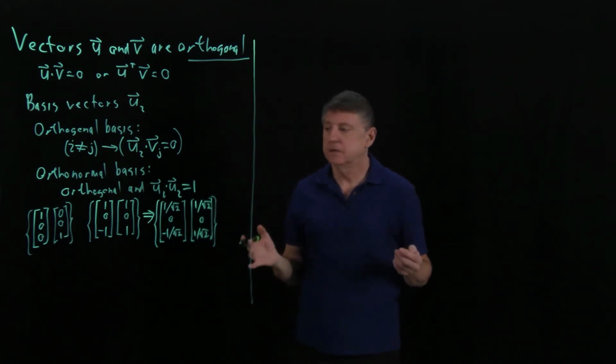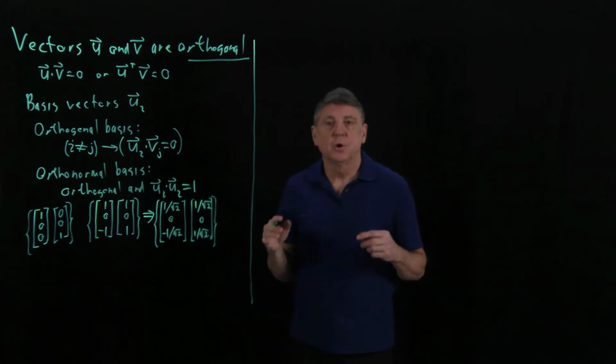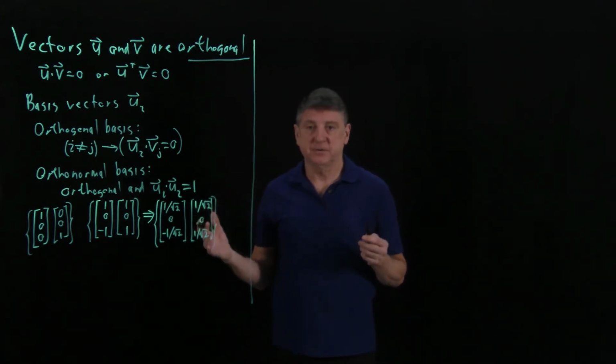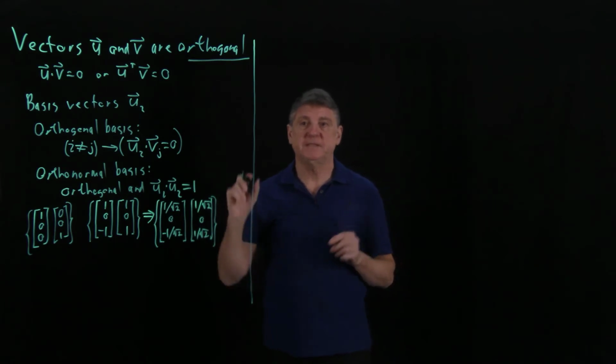An allied concept is what happens if we have basis vectors for two spaces.